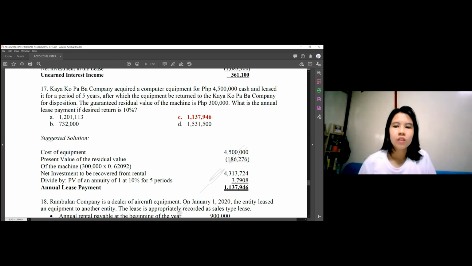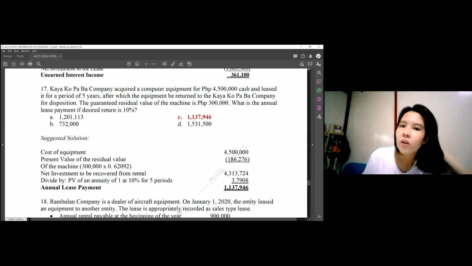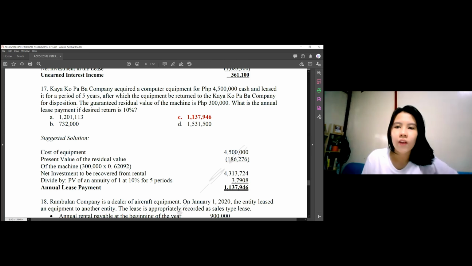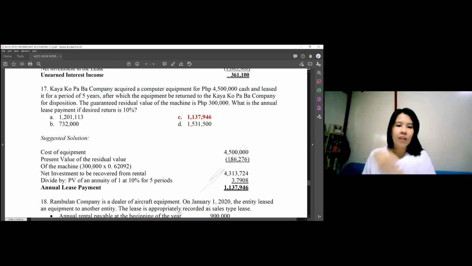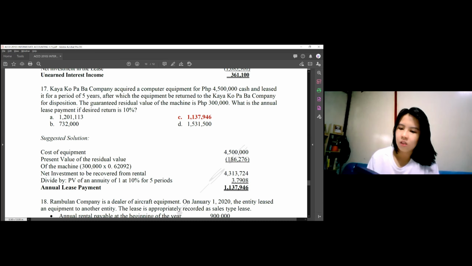Okay, so deduct that from the cost of equipment, you'll get the net investment to be recovered from that rental. So, if this is your net investment, ang tanong kasi if ano daw yung kailangan mong annual lease payment para ang return mo is 10%. So, i-divide mo siya by the PVF of annuity at 10% for 5 periods. So, right now, you need to get it for periodic payments na. So, let's see. Okay.